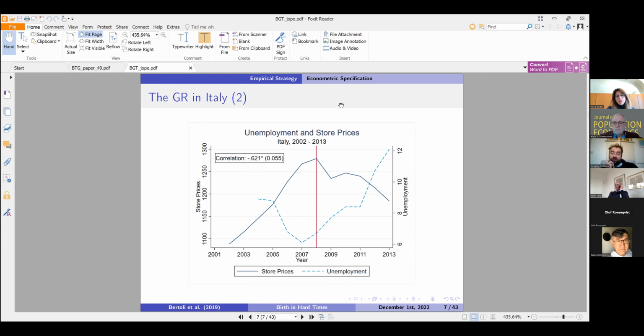So if you take as a reference the red vertical line that indicates the start of the crisis, you see that unemployment, represented by the dashed line, increases while the store prices decrease, and you have the reverse basically from the start of the Great Recession. The two measures are quite significantly and highly correlated.